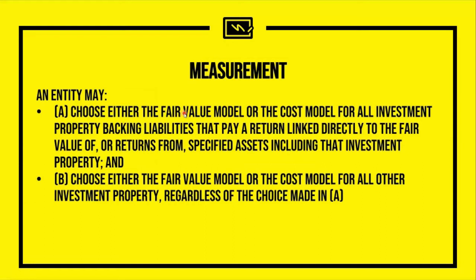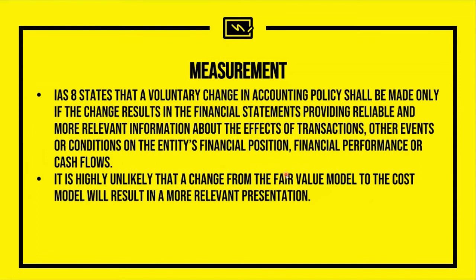So in other words, fair value model to cost model is difficult to achieve. It is difficult because you need to really justify it. Cost model to fair value model is very easy because the standards will favor that particular change, since it will result in more reliable and more relevant information. There. Okay, let's proceed. So going back, we're already done with this one.